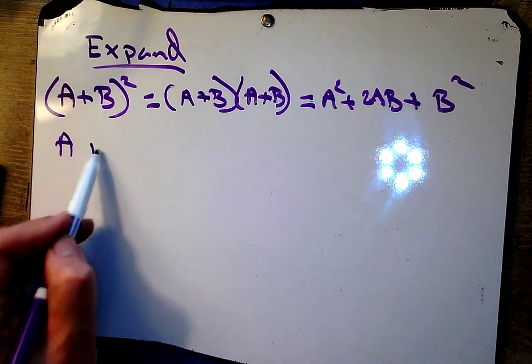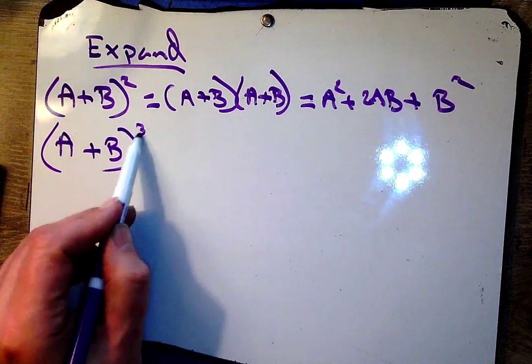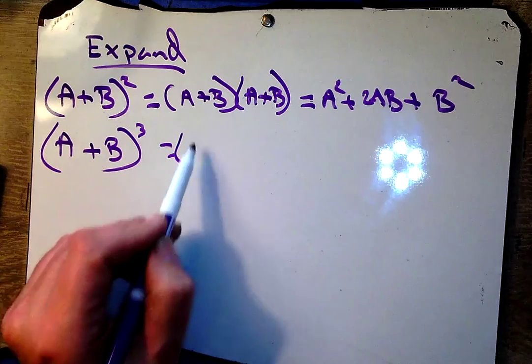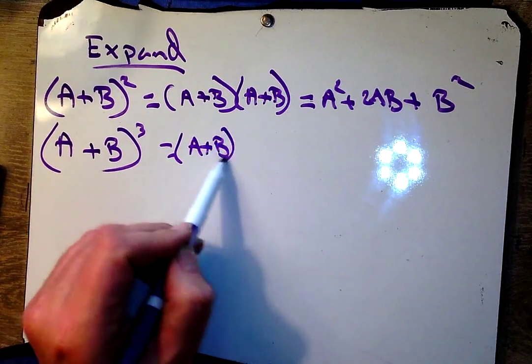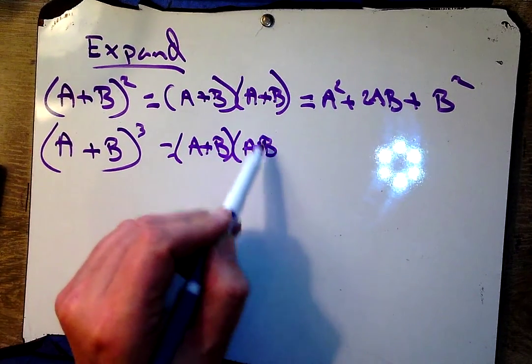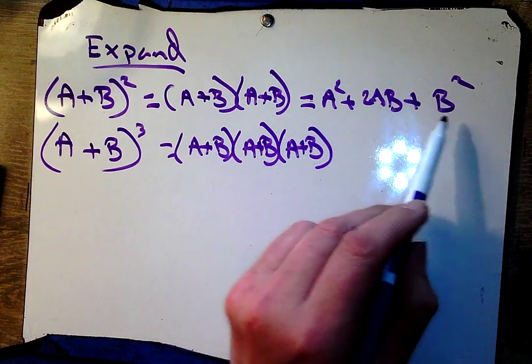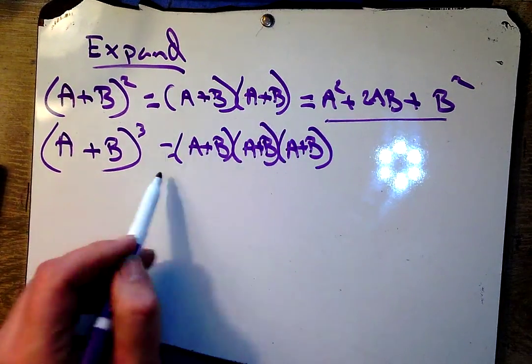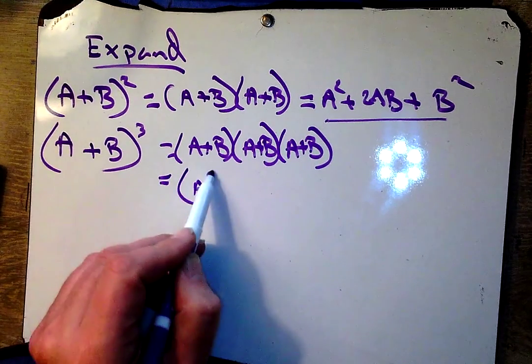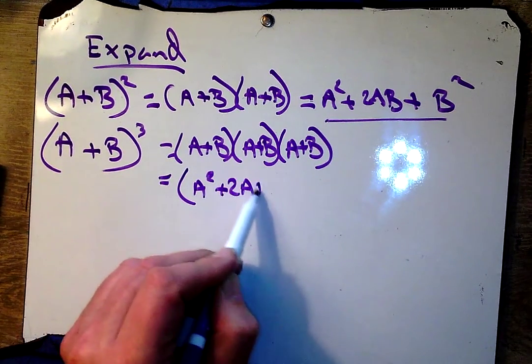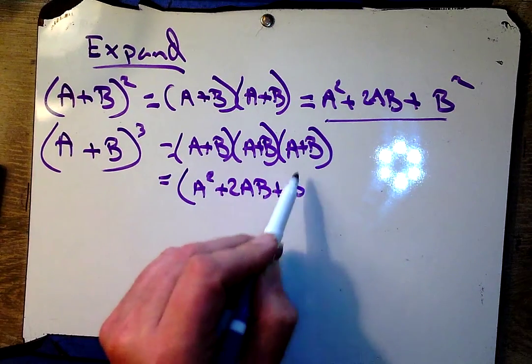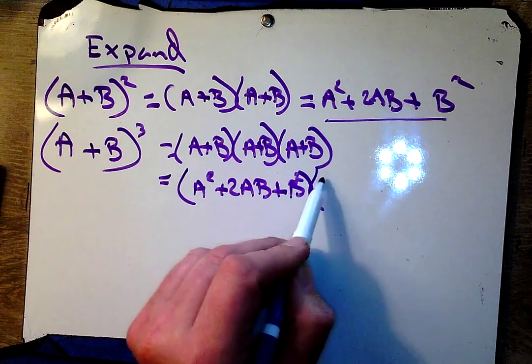So will you do a plus b to the third? It is going to be a plus b times a plus b times a plus b. Ooh, and that's right. Good job, because this is 2 of them multiplied together. So we could just say, hey, couldn't I do a squared plus 2ab plus b squared times only one of these?